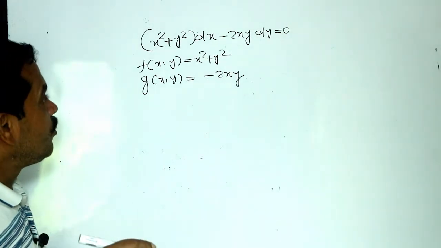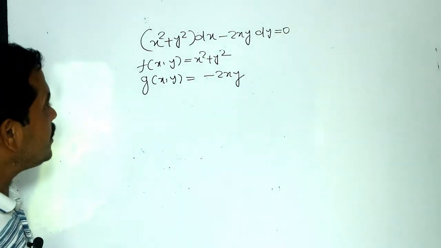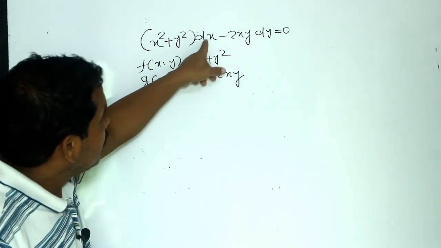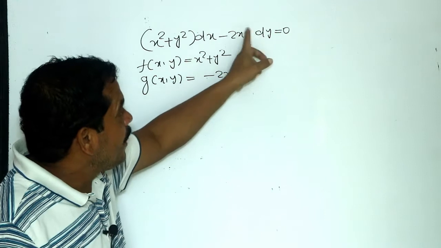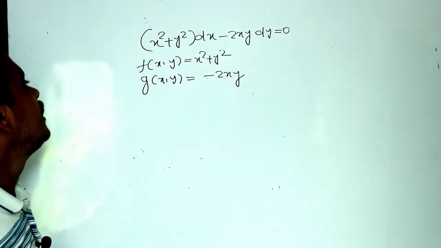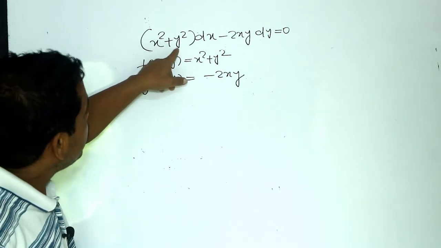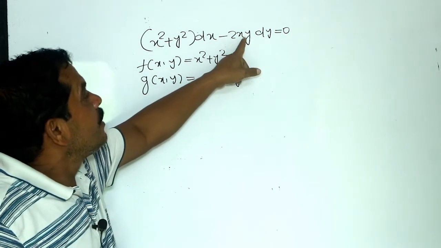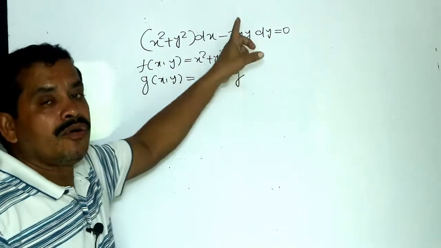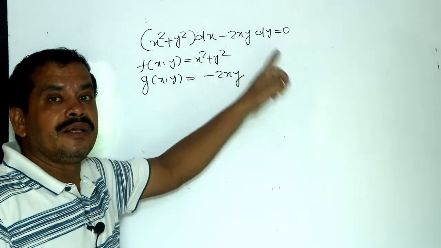The homogeneous differential equation means the function with dx and the function which multiplies dy are homogeneous functions of the same degree, here degree 2. So this equation is a homogeneous differential equation.